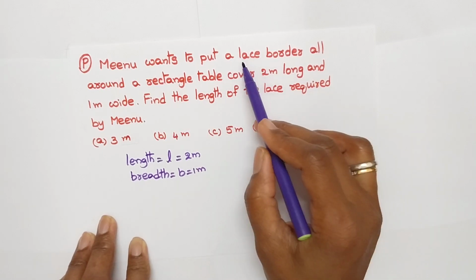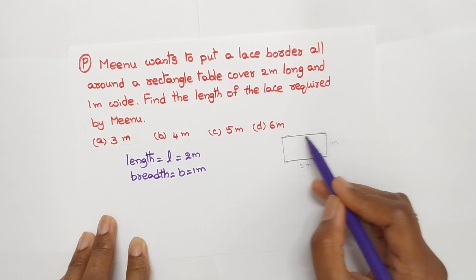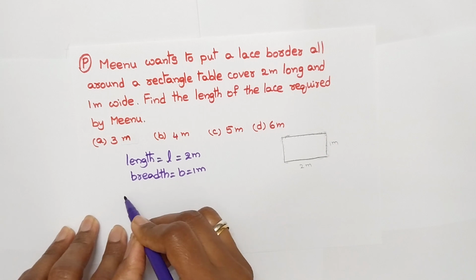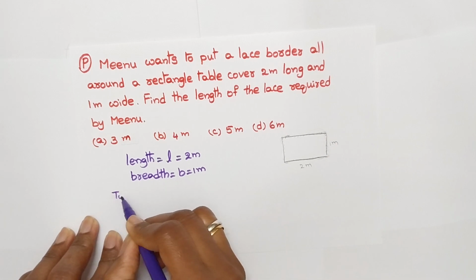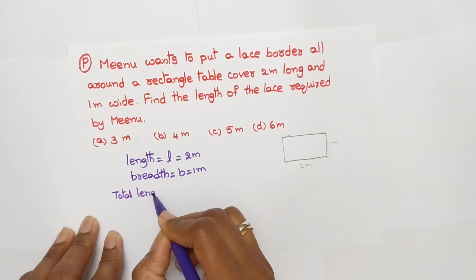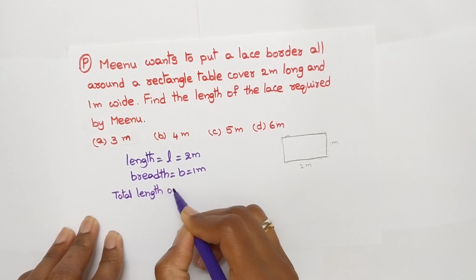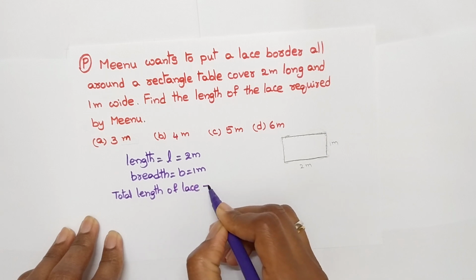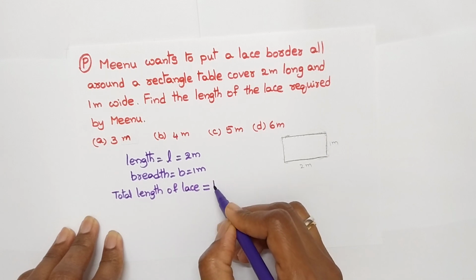As the lace border is put on the edges of the table cover, the total length of lace required equals what?